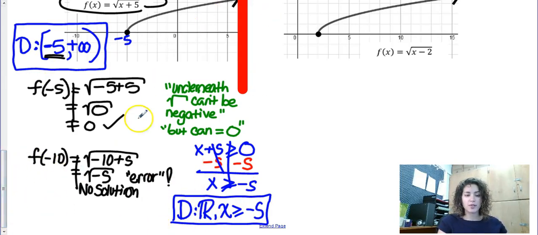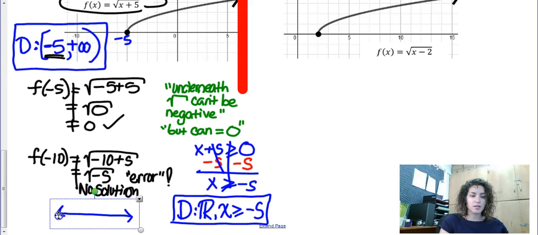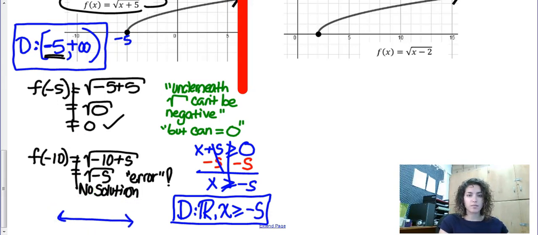If I were to draw myself a little number line here and I put -5 on it, and I asked you last year to graph x is greater than or equal to -5 on a number line, the greater than or equal to part would tell me that I need to draw a solid dot, and then greater than means shade to the right.